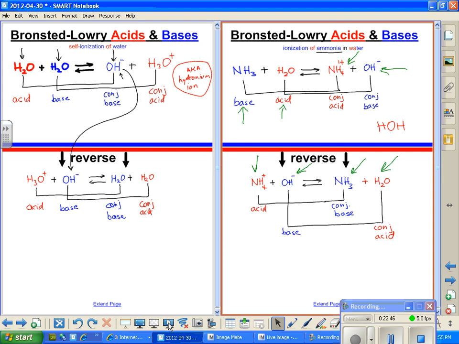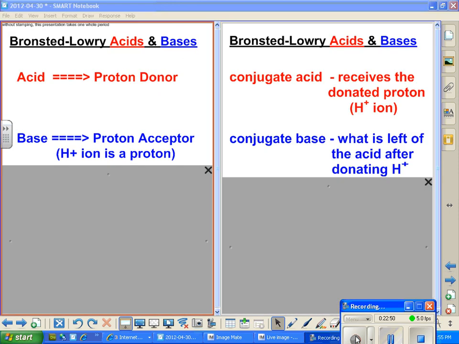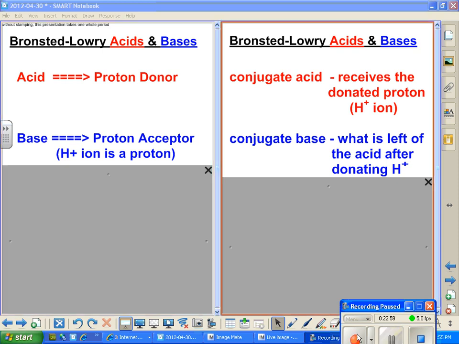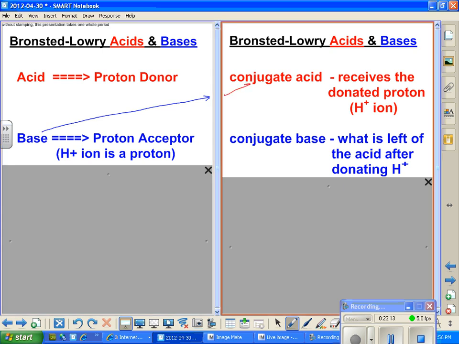Let's go back to these definitions for a moment. So now we see the Bronsted-Lowry acid and base, and let's take our base. Notice, this is kind of fun, we keep going here with red because it's going to become an acid.